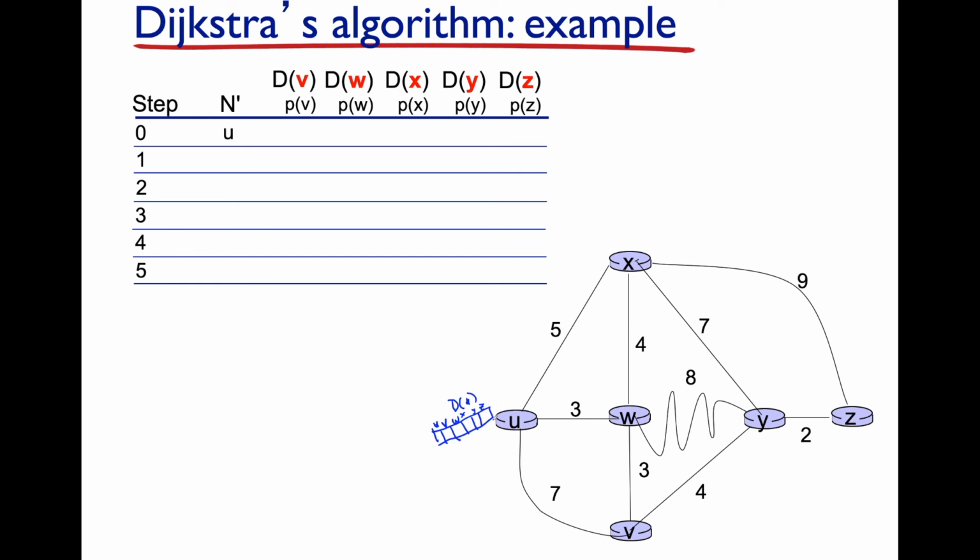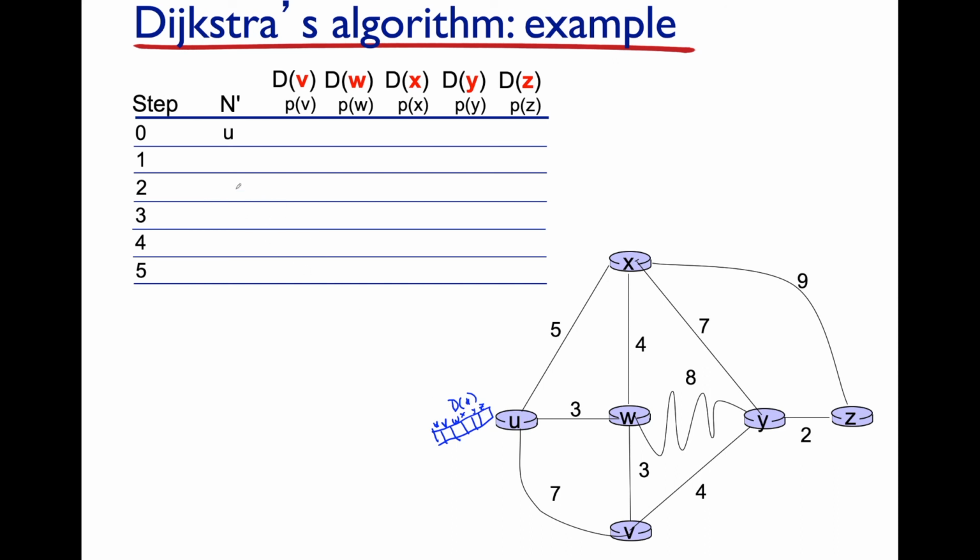And this distance vector is, in this iteration of Dijkstra's algorithm, a distance vector in node U. Okay? And so for each one of these distances, the source is always going to be U. So it's the distance to get from U to U, from U to V, U to W, U to X, U to Y, and U to Z. Okay?